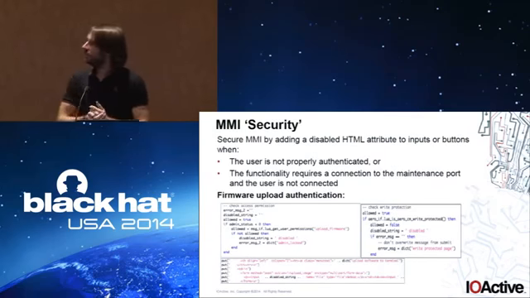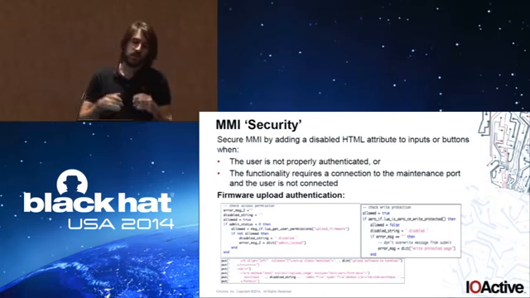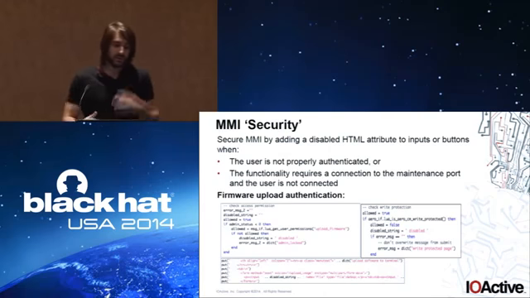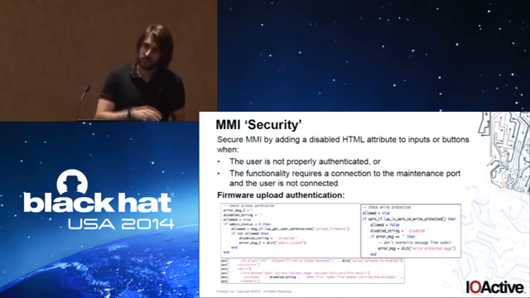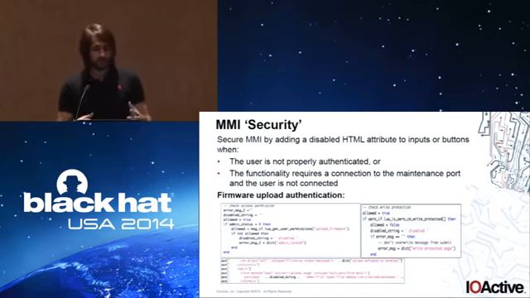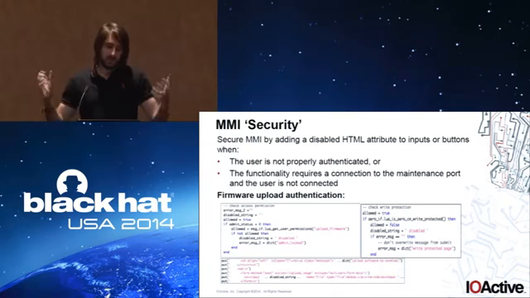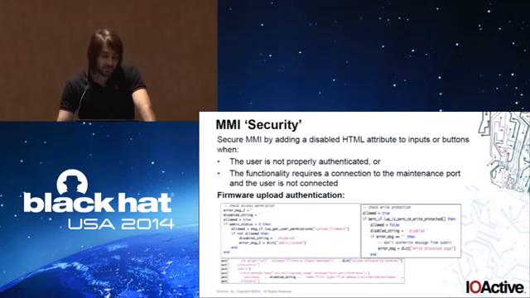This is how they implemented the security in the MMI. When they detect that a user is not properly authenticated, or when the functionality requires being connected to the maintenance port, they add a disabled attribute to a button or to an input.